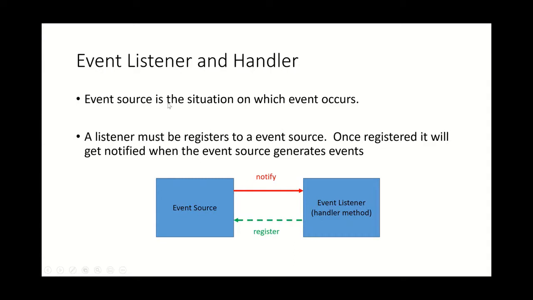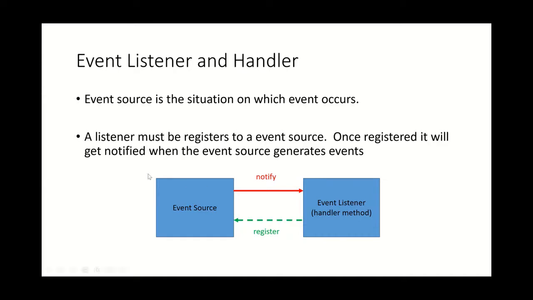Event source is the situation on which an event occurs. A listener must be registered to the event source. Once registered, it will get notified when the event source generates events. The event source is the situation, what will happen when we click the mouse, for example.